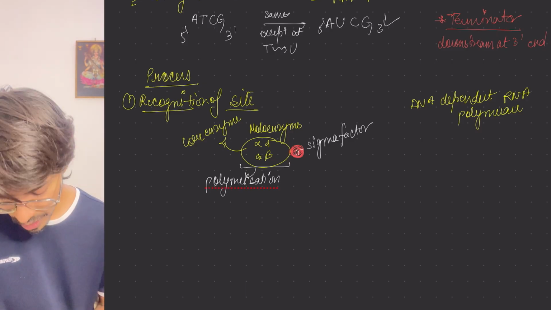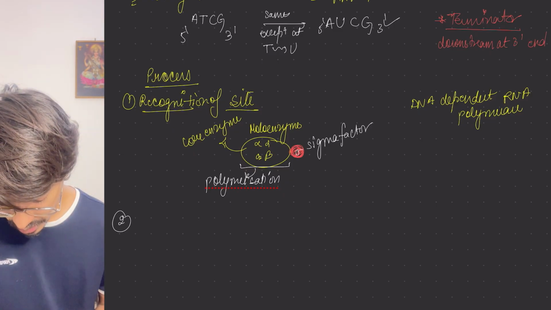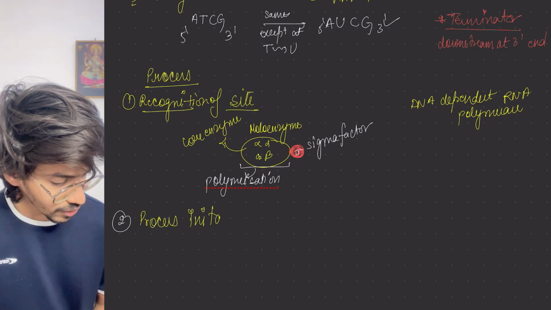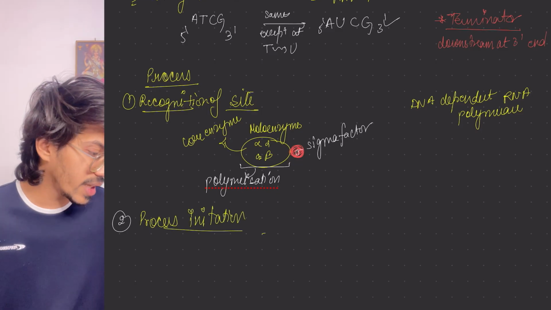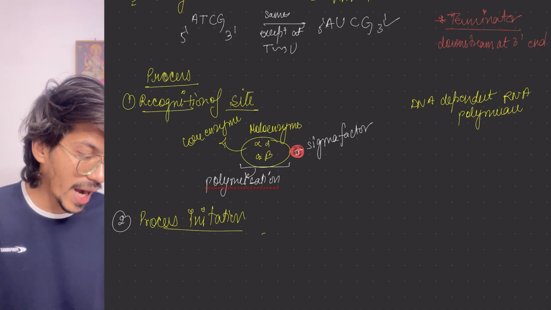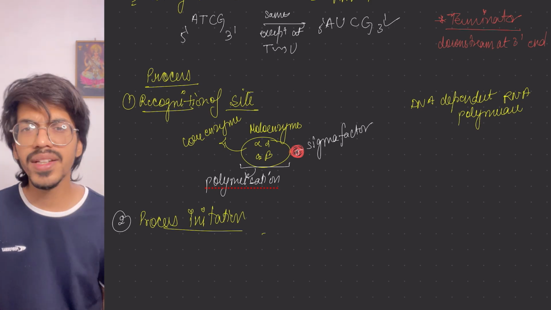After recognizing the site, the next step is process initiation. To initiate the process, certain sites will be identified. These sites in prokaryotes and eukaryotes are different.